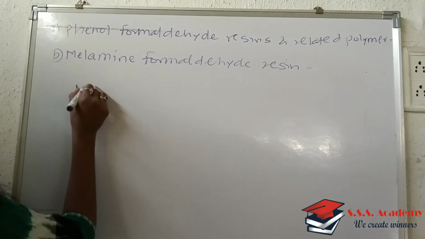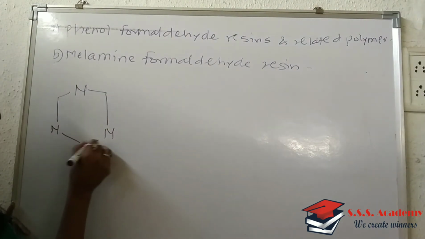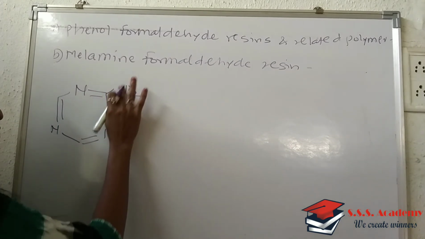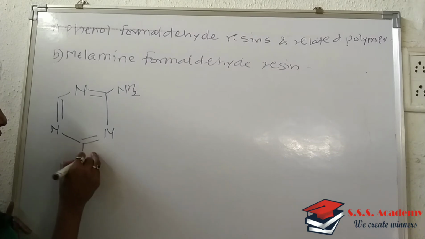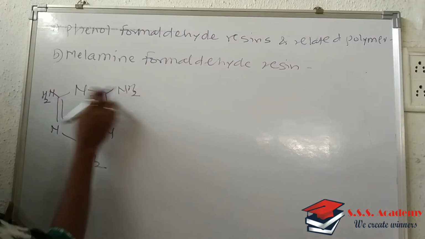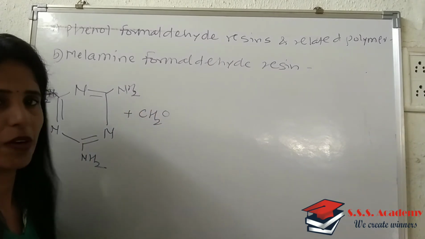See, this is the structure for melamine. We will have a ring with nitrogen at alternate positions, and there are amine groups. So there is an NH2 group at this position, again NH2, NH2, NH2, and then there is CH2O. CH2O is nothing but formaldehyde.